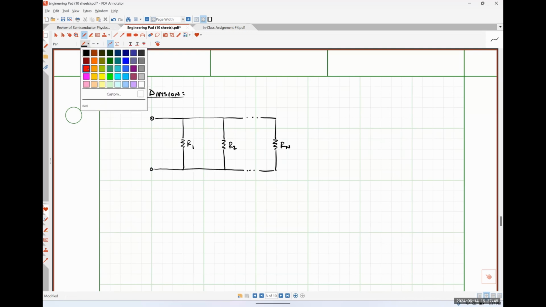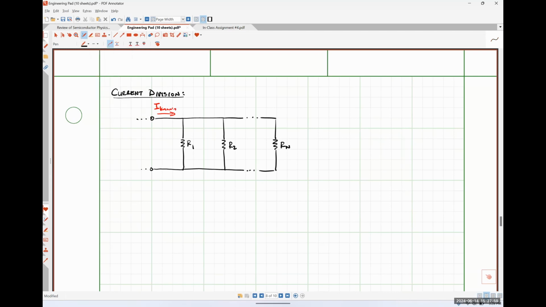Let's say that we have a known current entering this network containing multiple resistances in parallel. There's going to be a common voltage of V over all of these resistors because they're connected in parallel.